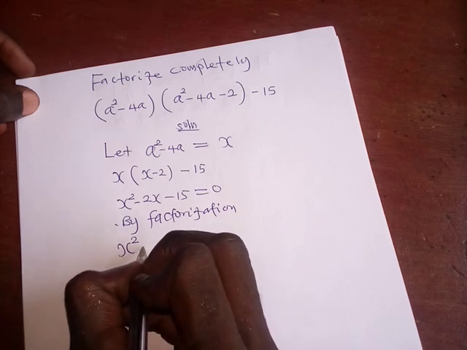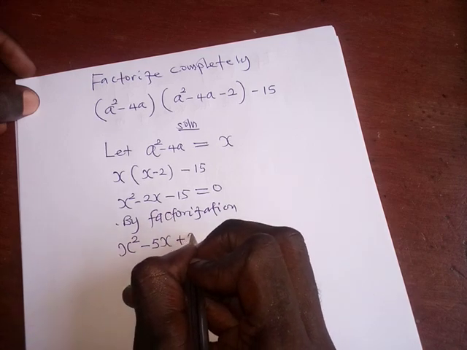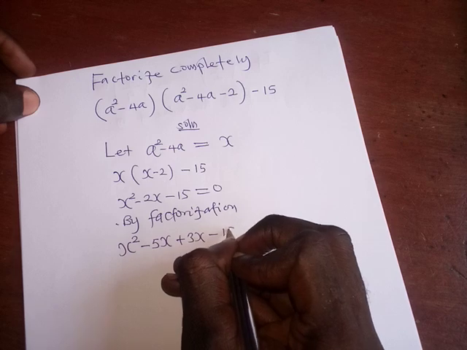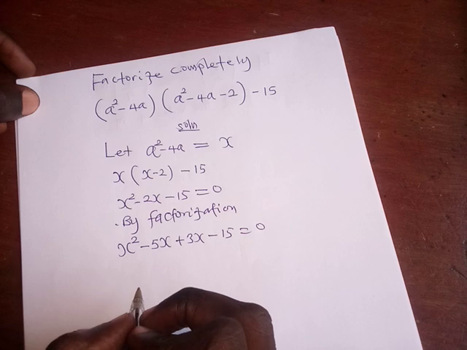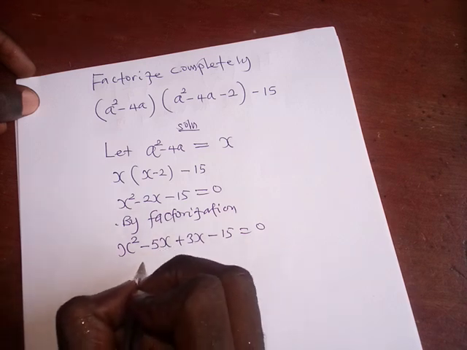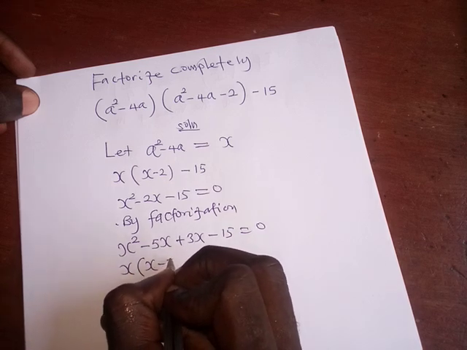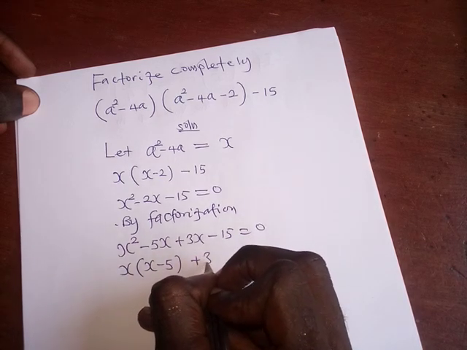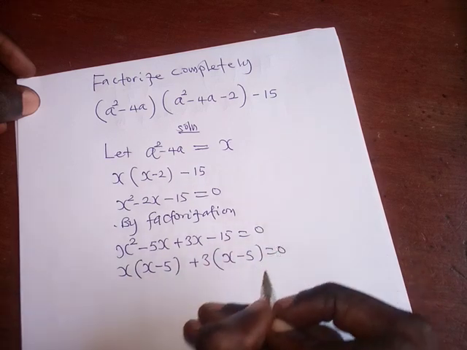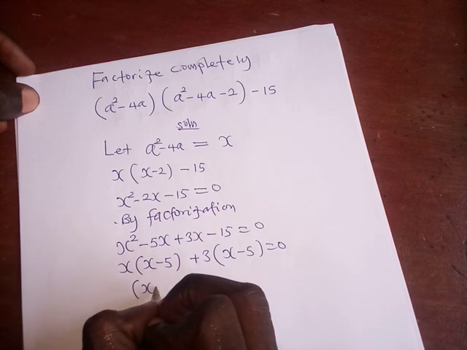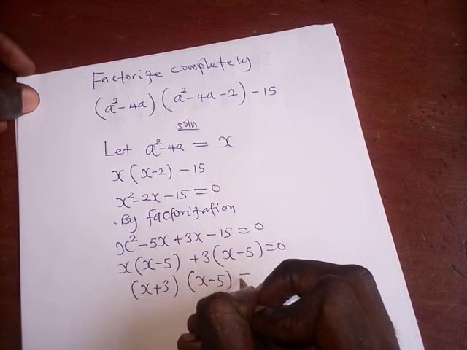This becomes −5x + 3x − 15 = 0. Now if we decide to group them, what is common from the two sets? x, taking it outside, what remains is x − 5. The same thing, plus 3 common, taking it outside, x − 5 remains, equals 0. Therefore, we can have (x + 3)(x − 5) = 0.